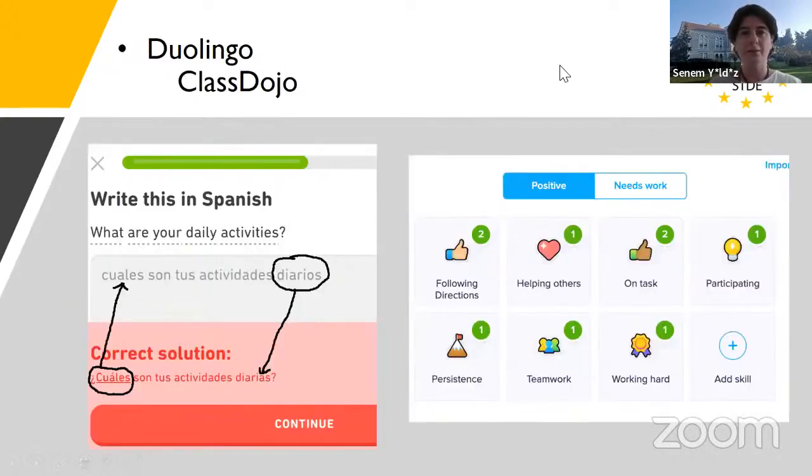Here are some examples. For Duolingo, what are your daily activities? You actually translate this into Spanish, and immediately you receive feedback from Duolingo, so that you can now imitate this correct answer, and you can get, again, feedback from the technological tool.